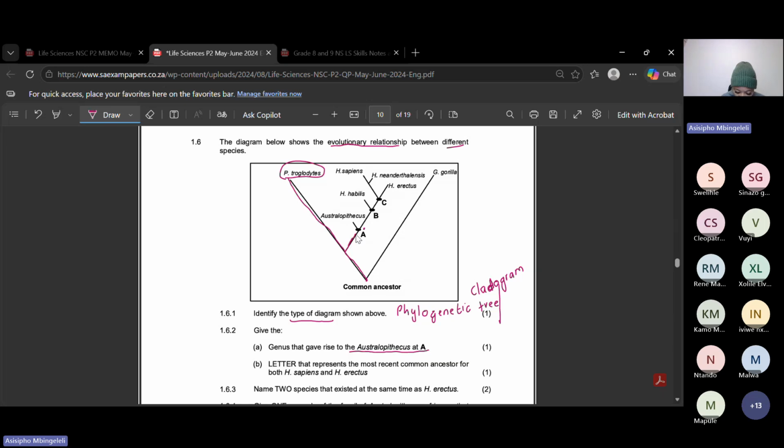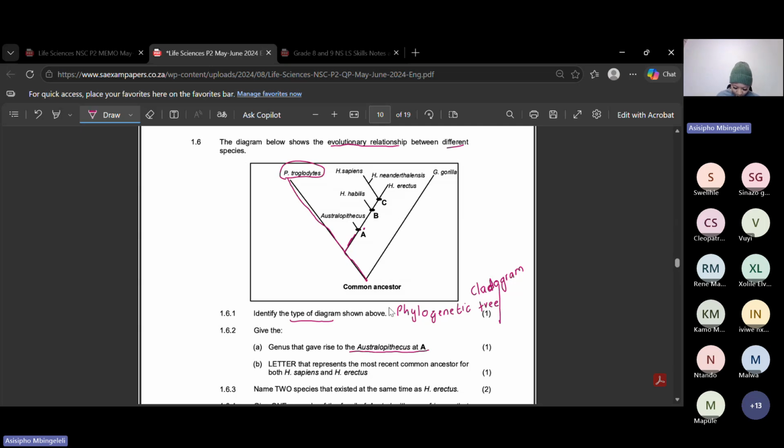We first had A, Australopithecus, and then B, we had our Homo genus. Here still, it's our Homo genus because that's Homo sapiens. These ones would form under one genus. Remember, we did genuses. The other one that's not given here is that Ardipithecus one. How you read it, that would be from the common ancestor, and then that would be the gorilla.